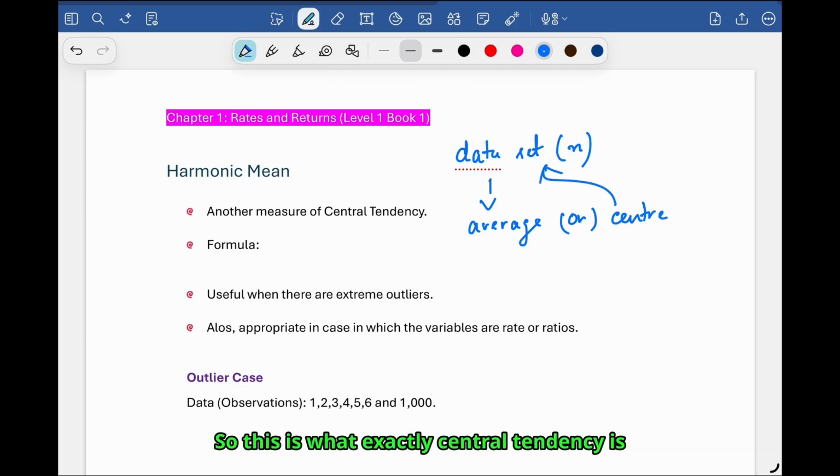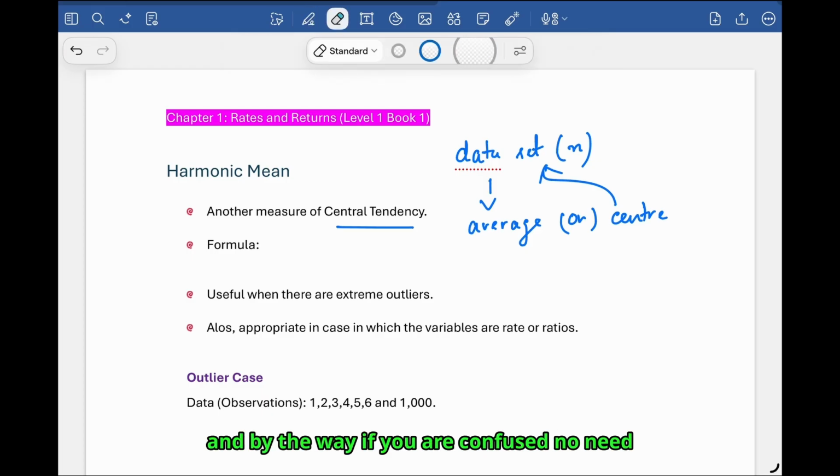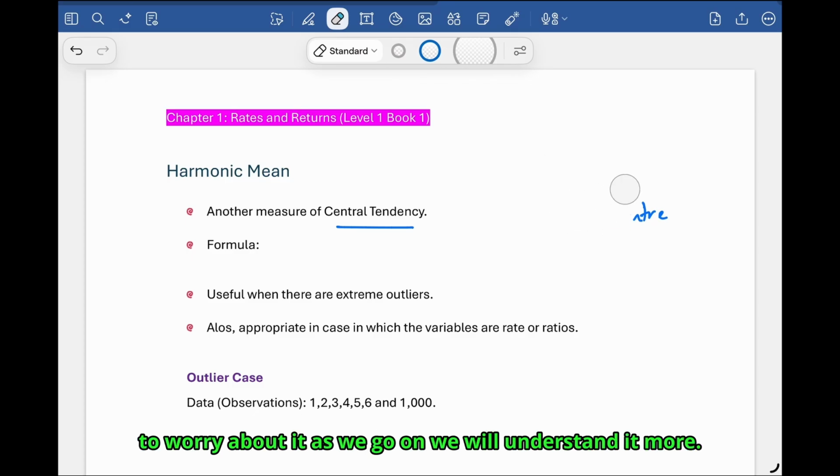So this is what exactly central tendency is. And by the way, if you are confused, no need to worry about it. As we go on, we'll understand it more.